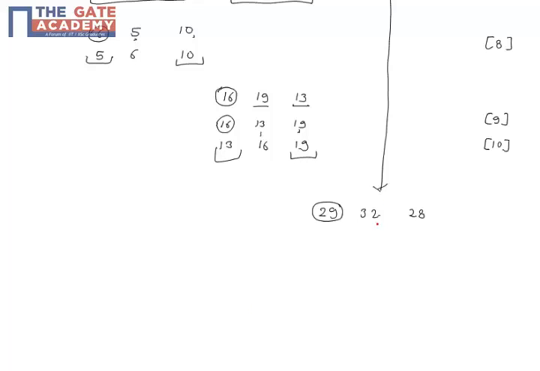I will point to 32, which is greater than 29, and J will point to 28, which is less than 29. That means I'll have to swap these two numbers. 29 will remain at its own position and 28 and 32 will be swapped. That is the 11th swapping.